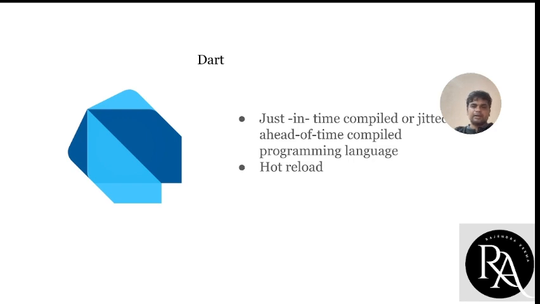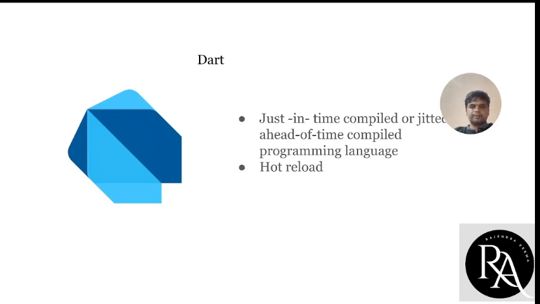So this is the advantage of the Dart programming language. And the Dart programming language is also called just-in-time, or JIT, or you can say ahead-of-time compiled programming language. Because of this feature, the compilation time of the app is very small in comparison to native development.